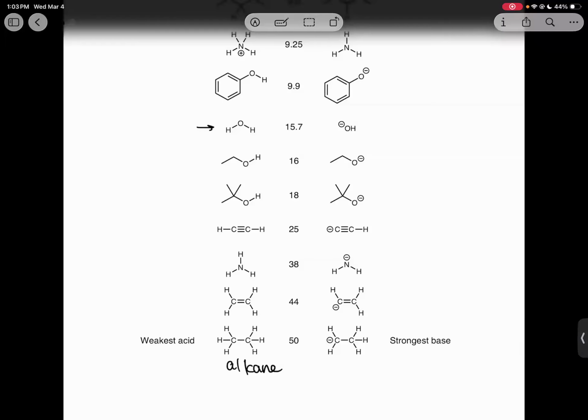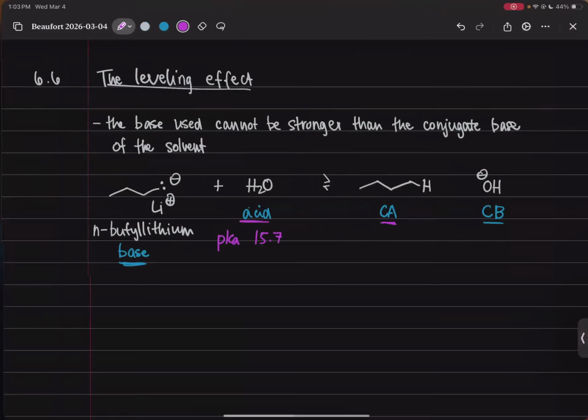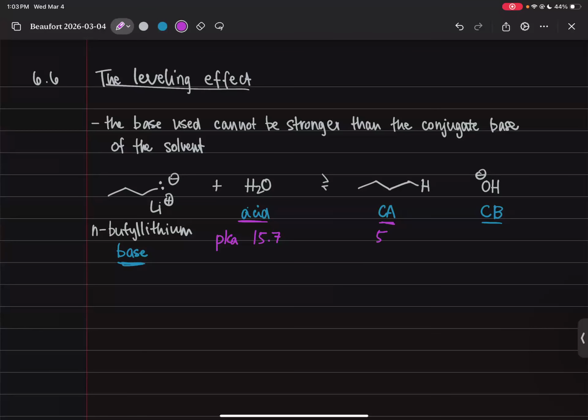So we can just say that the pKa of butane is roughly 50. So the weaker acid is butane, not water. That means our equilibrium is going to lie on that side.